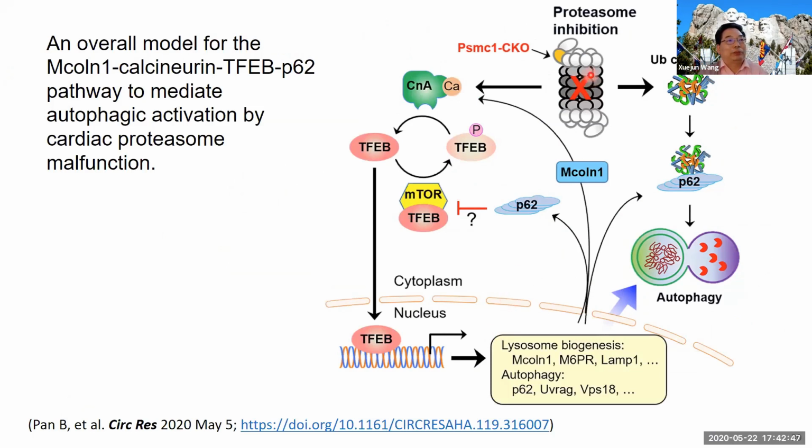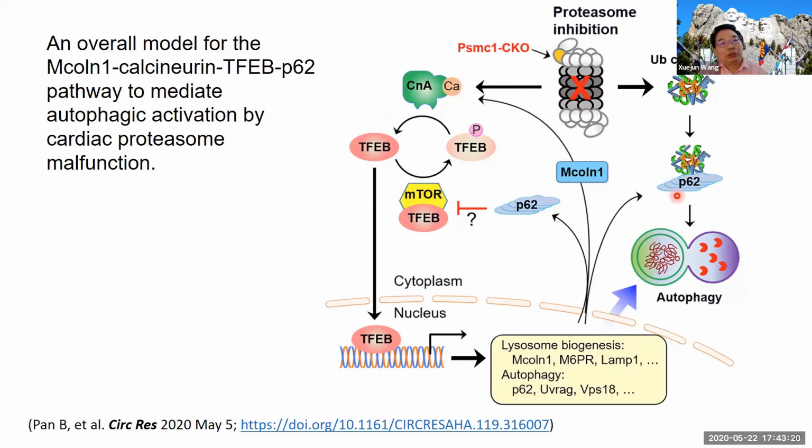Proteasome inhibition, both pharmacologically and genetically, can increase calcineurin activity, which increases dephosphorylation. Meanwhile, probably through a feed-forward loop, it inhibits mTOR as well, which activates TFEB and leads to expression of lysosomal and autophagic lysosomal genes, including MCOLN1, which is certainly known to feed forward here.